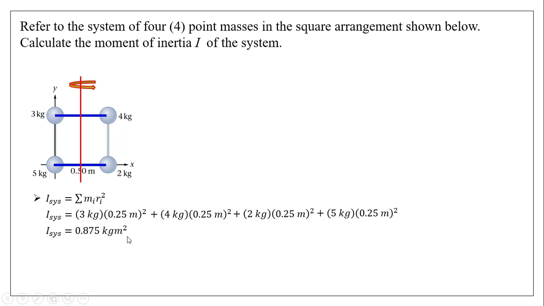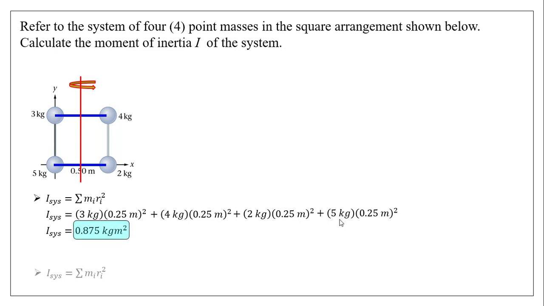Okay, now I do want to point out, when you're given a symmetrical system, the short way to do it would be to add up all the masses in parentheses and then multiply by the value r squared. In my work previously, I have 0.25, 0.25, 0.25, 0.25. So that is a common term which you can factor out. You don't have to, but it's less calculator work to punch in.